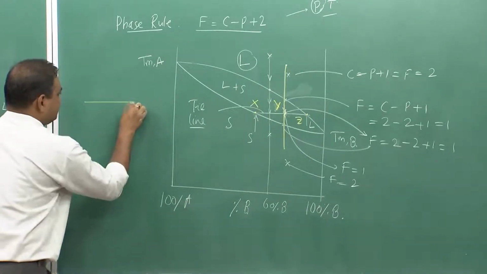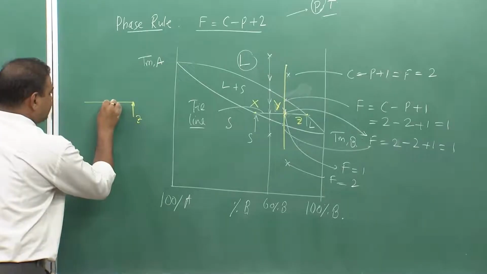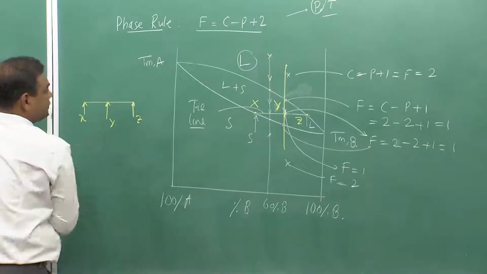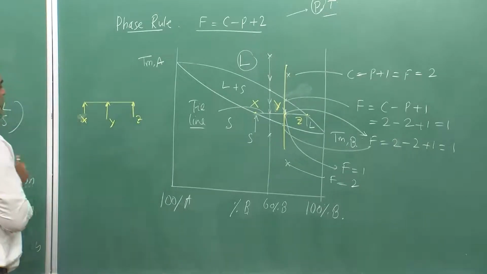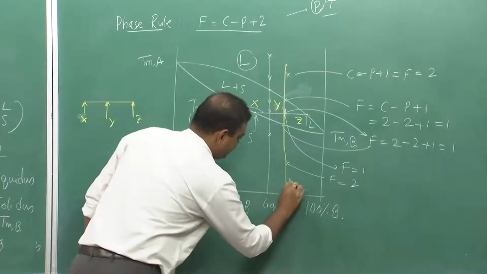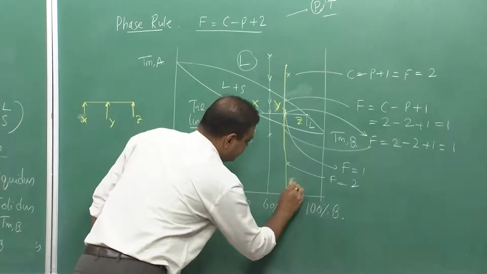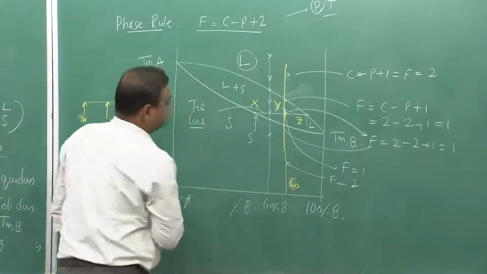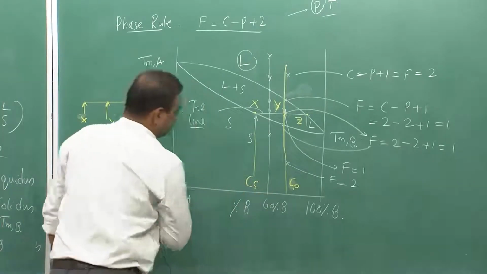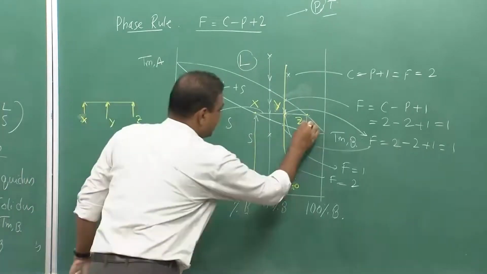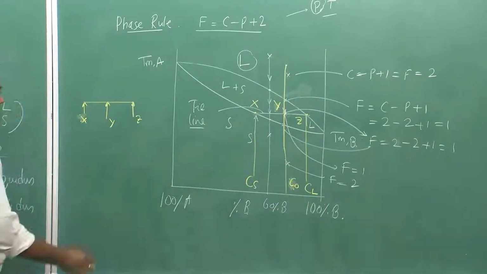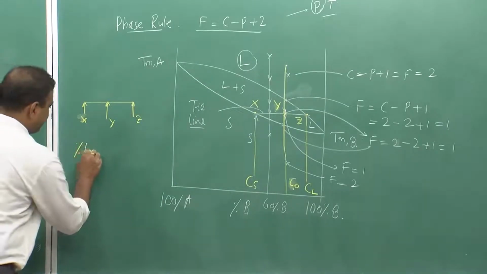So, this is z, this is y, this is x point, and now if I try to see the composition, the composition of this point x, let us say C0, this composition I can take as Cs, that means the composition of solid, and this point I can take as C liquid.